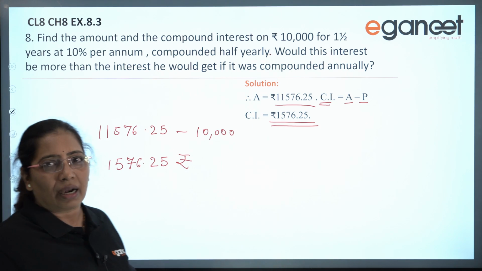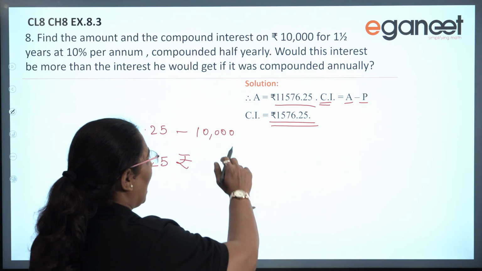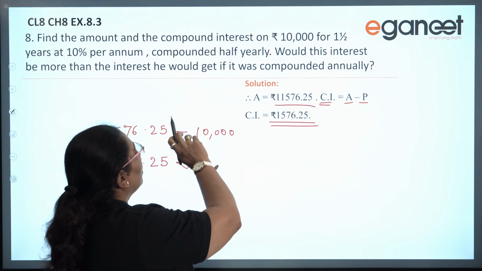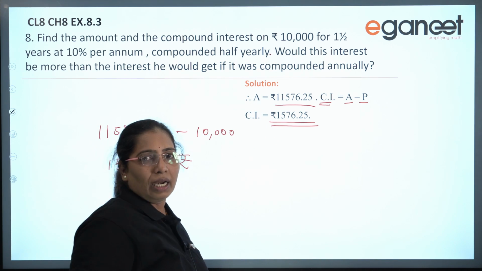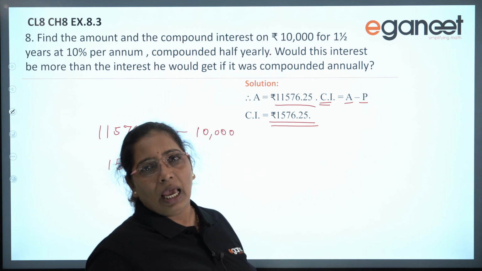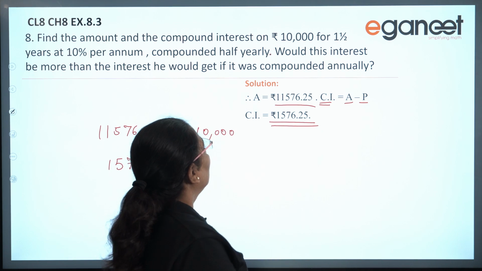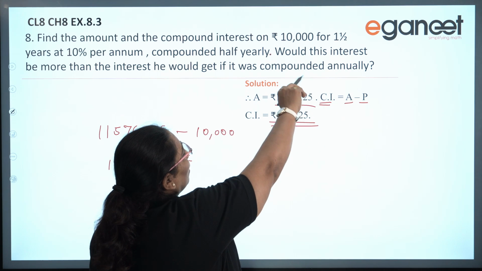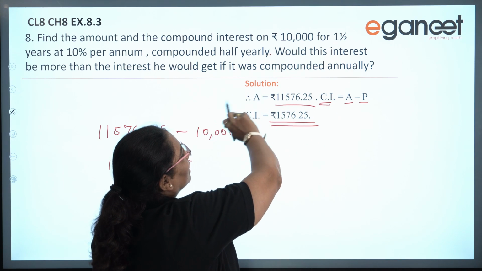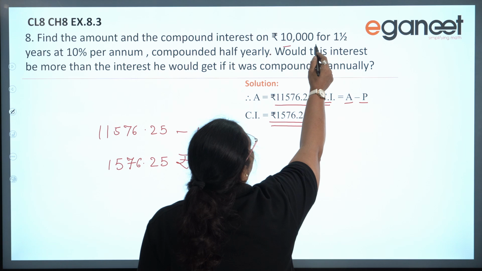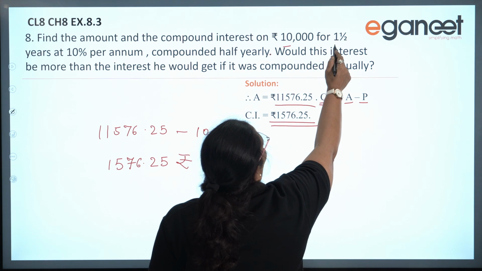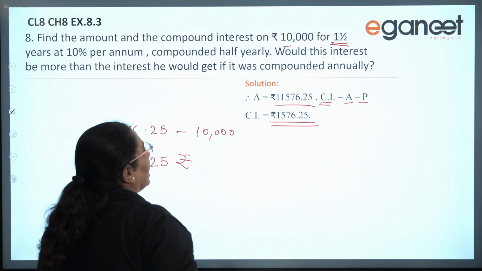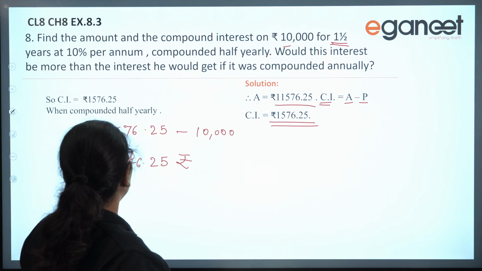Now the next part of the problem. They ask, would this interest be more than the interest he would get if it was compounded annually. So we have to find out the compound interest when the principal is compounded annually for 1.5 years at the rate of 10%. Isn't it?